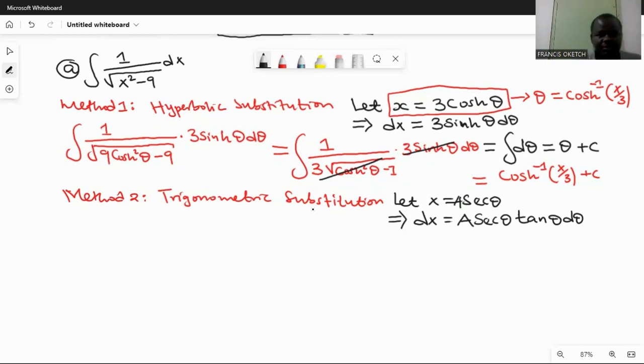So you will substitute those two into our given integral. So how will the integral look like? It will be the integral of 1 over the square root of x squared minus 9.